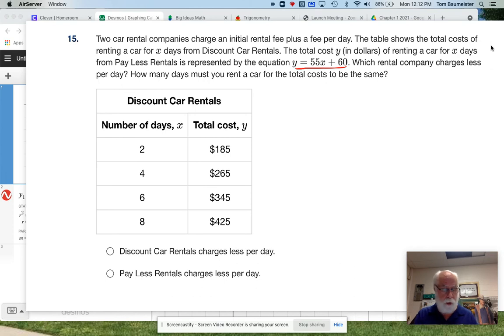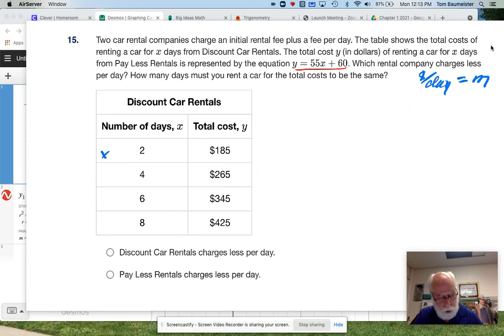Which rental company charges less per day? Less per day. So just think that is going to be dollars per day. That's a ratio. So that right there is going to be your M, right? So remember that. That'll help you a lot.